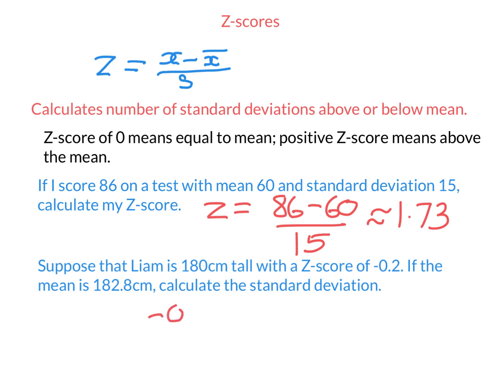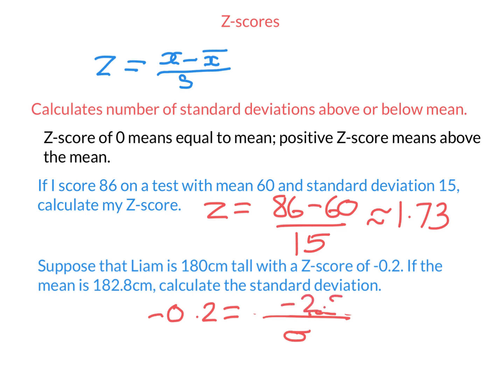So z-score, which we're told was -0.2, equals score minus mean over standard deviation. So we just have to solve this equation to find the standard deviation. Rewriting that top, of course, 180 minus 182.8 is -2.8.